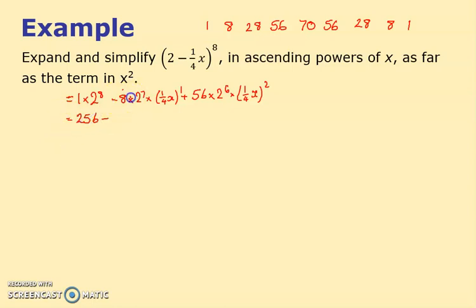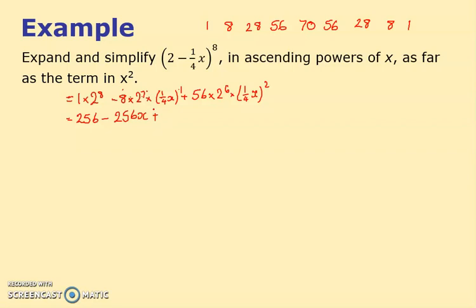Minus, now it's 8 times 2 to the 7 times by a quarter to the 1. Quarter to the 1 I can just think of as a quarter. 8 times 2 to the 7 times by a quarter is 256 again. That's 256x. And then the next one, I think which is the last one, it's 56 times 2 to the 6.